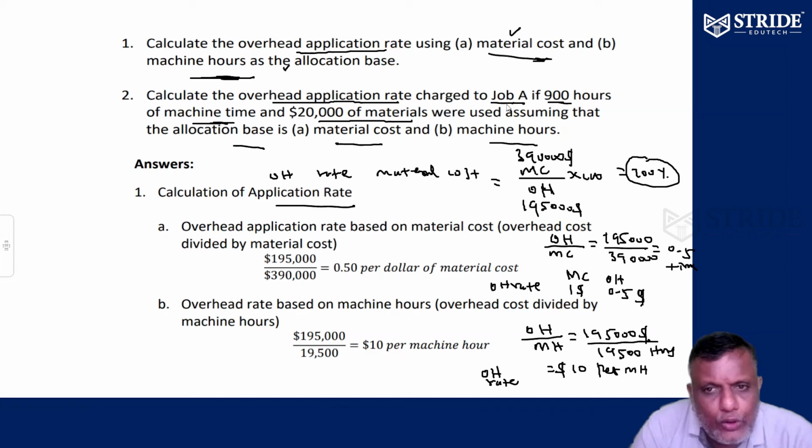Second question: I took a job for 900 hours with $20,000 of materials involved. Based on the material cost and based on the machine hours, how are we going to charge the factory? So 900 hours first.